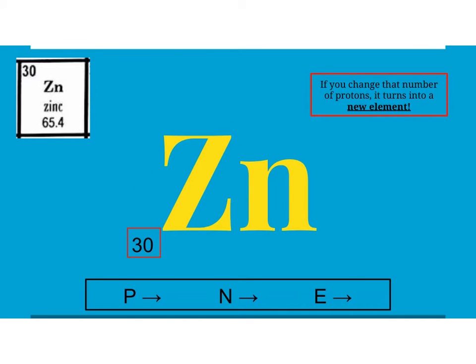So that's an important thing to remember: if you change the number of protons, it turns into a new element. What that tells us is protons determine identity. So no two elements can have the same identity, so no two elements have the same number of protons.